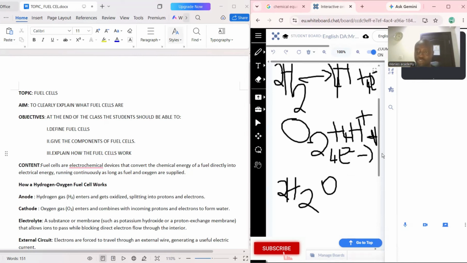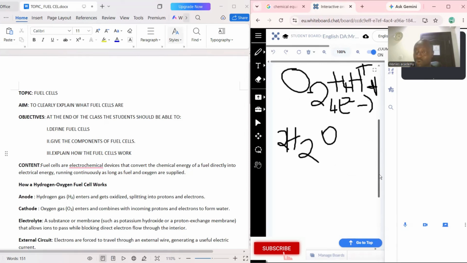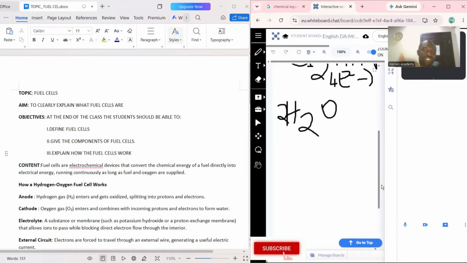Additionally, we also have another component in the hydrogen-oxygen fuel cell called the electrolyte. An electrolyte is a substance, mostly a membrane, such as potassium hydroxide solution, which will help to allow the ions to pass while blocking direct electron flow through the interior.